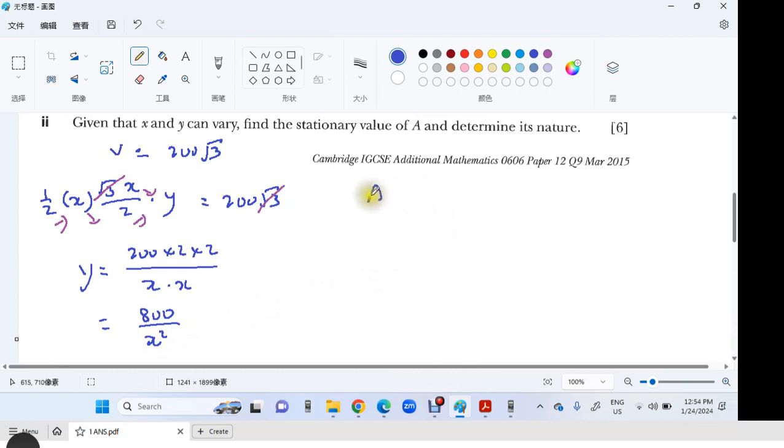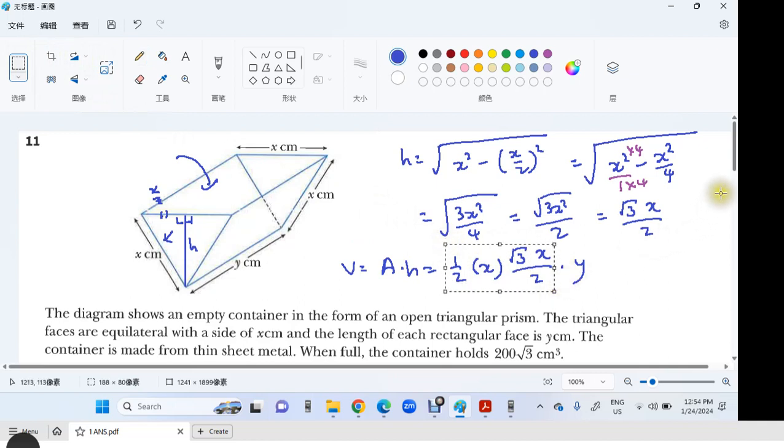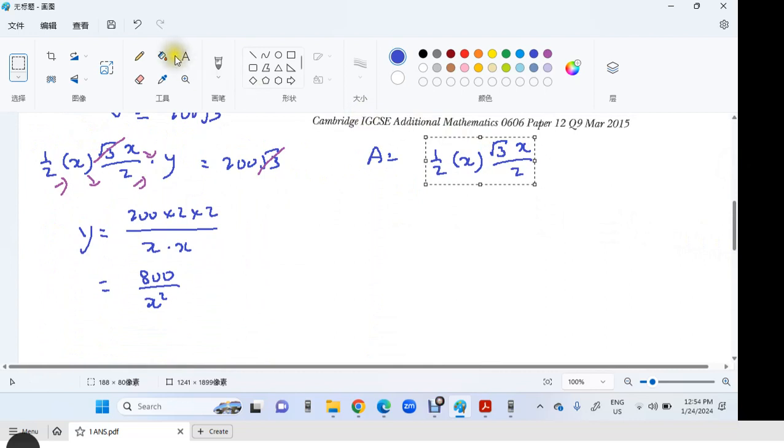So the surface area, we have x times y, two faces, and then the area of the triangle is this, half times x times the height. We have two of these, plus 2xy.